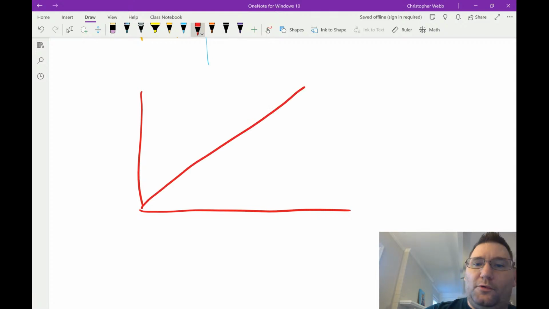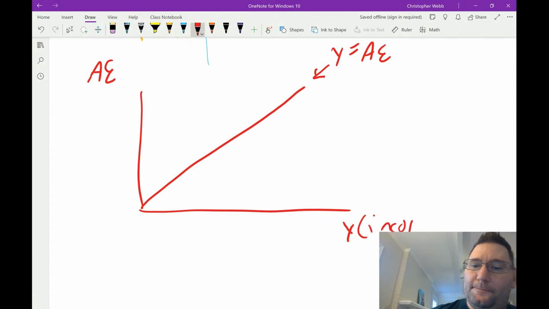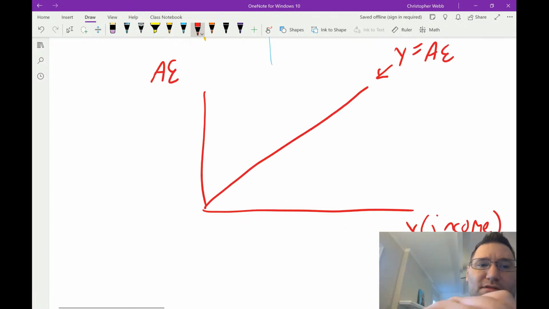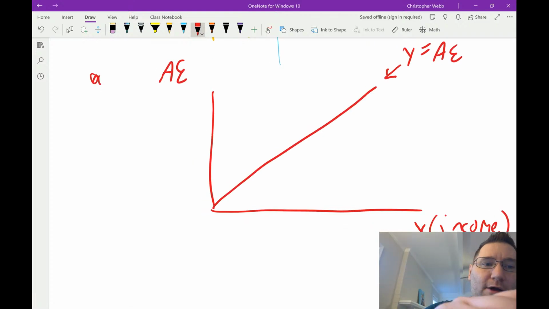And what happens in the middle is we have the aggregate expenditure here, and we have Y on the bottom axis, and Y equals AE for this point right here. And Y is income. And aggregate expenditure is what we call output.